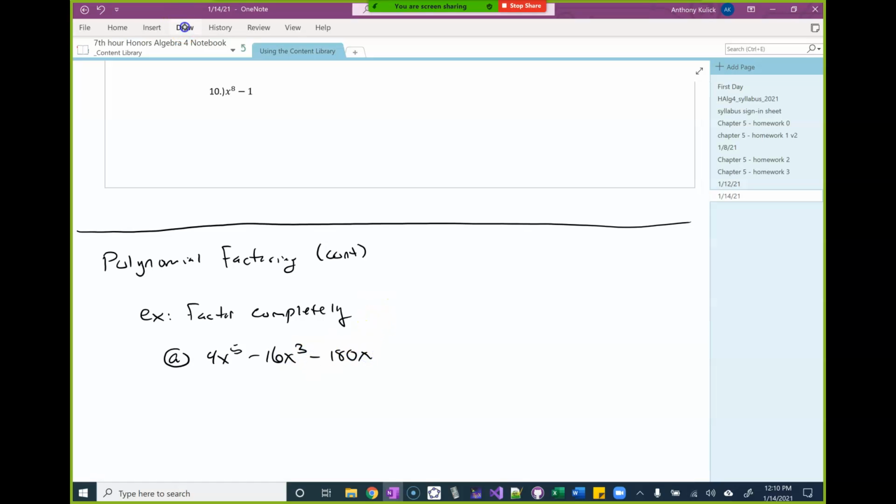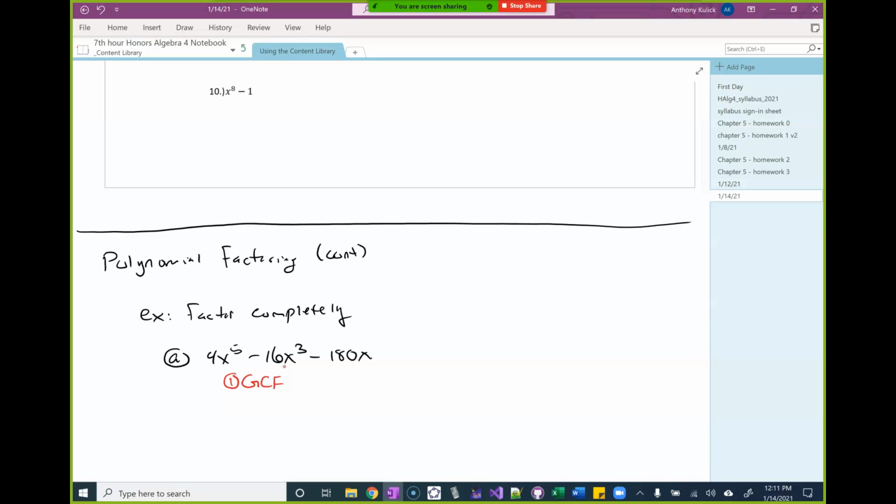So let's say we did 4x to the 5th minus 16x to the 3rd minus 180x. Again, if we're looking at that factoring diagram, the first thing we look for is a greatest common factor. Is there a greatest common factor in this problem?